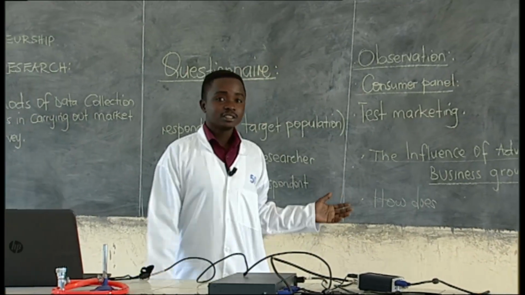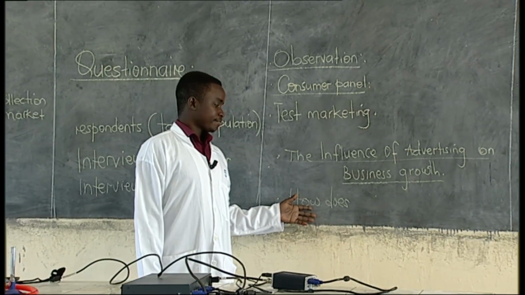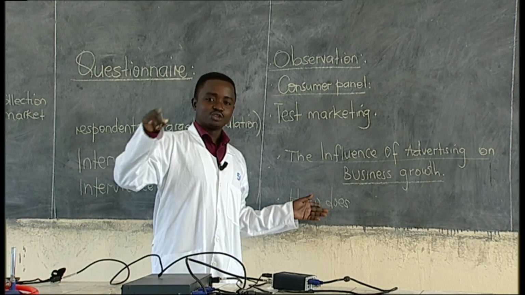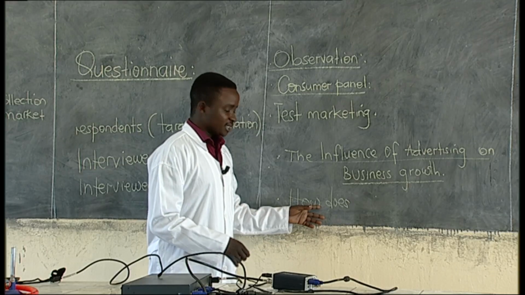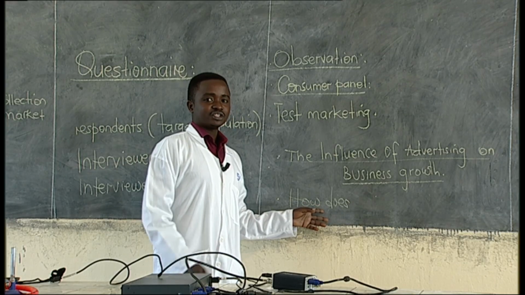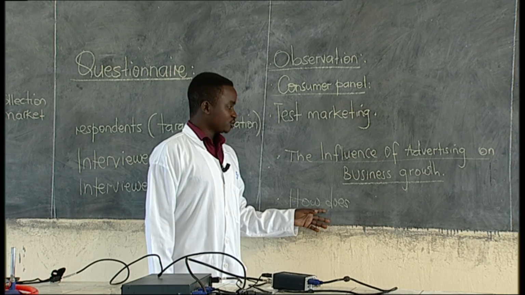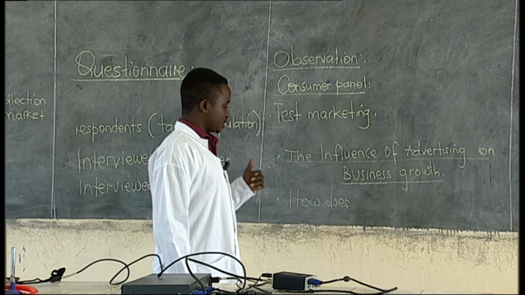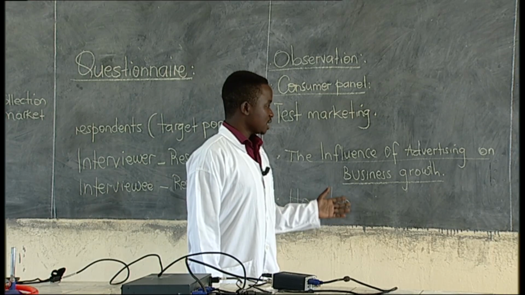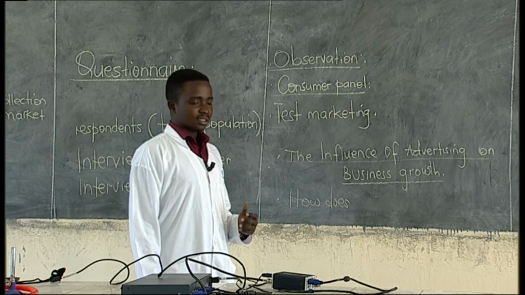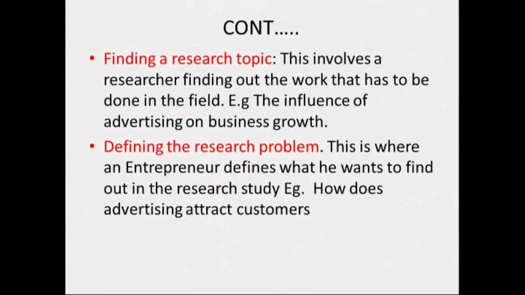Here you may set 2 or 3 or 5 research questions. When you go to collect information in your field, you must not go astray from these questions. That is what you call a research question. For example, how does advertising attract customers? How does advertising lead to business growth in this case?